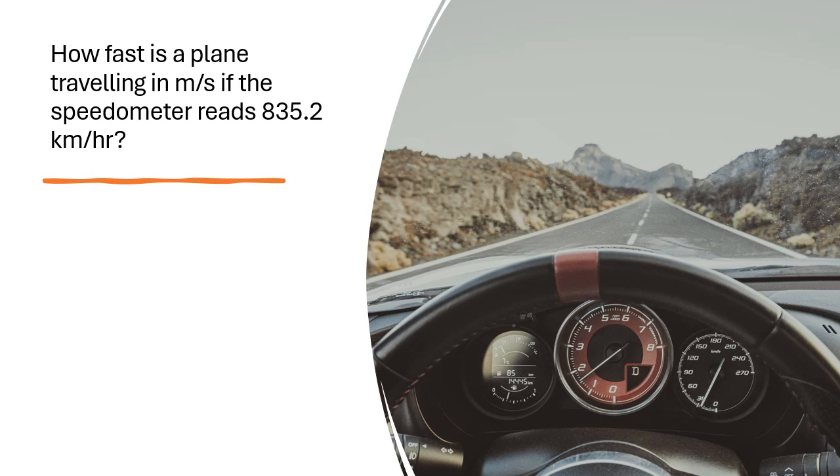So what we're being asked to do in this problem is to take the measurement 835.2 kilometers in 1 hour and convert that to some number in meters per second.